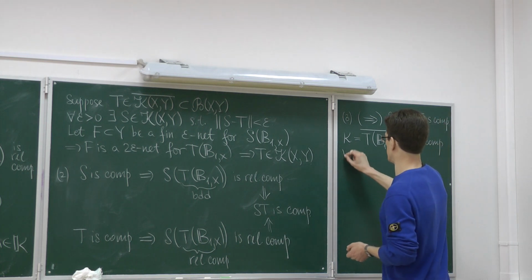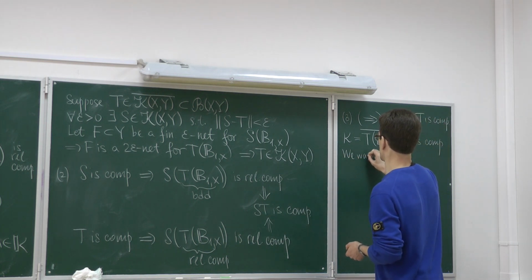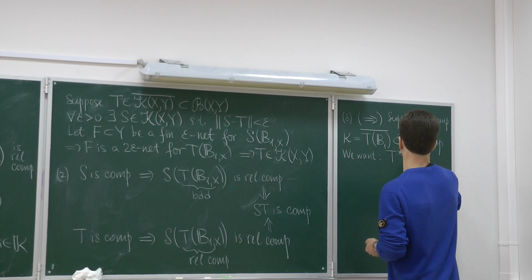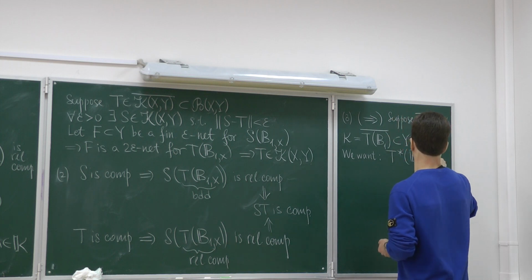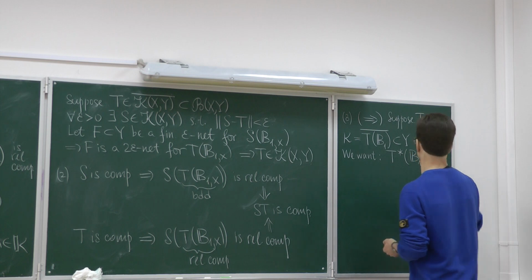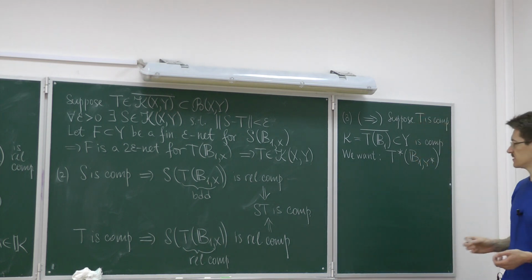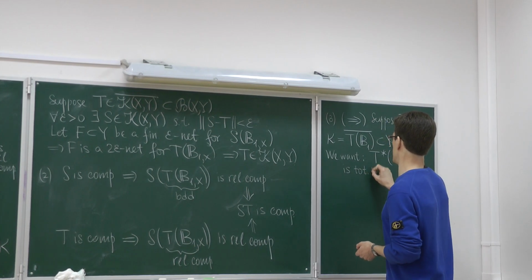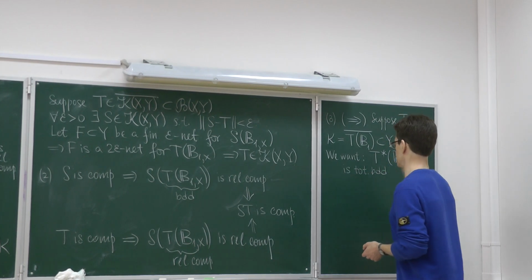And we want to show that the image of the unit ball in Y star is relatively compact, or equivalently totally bounded.